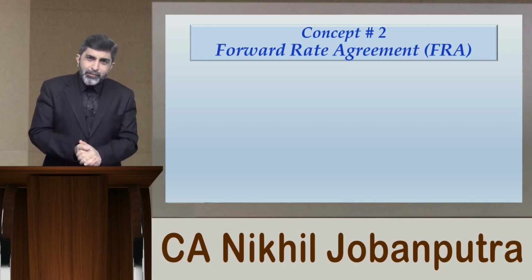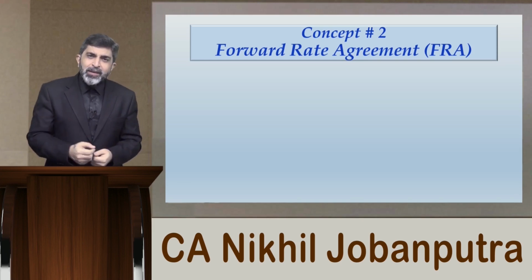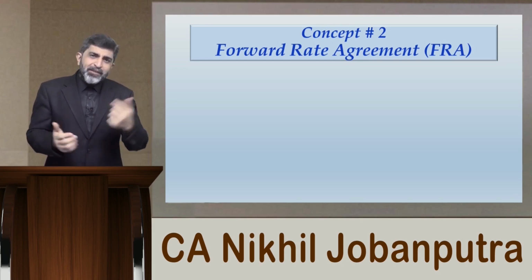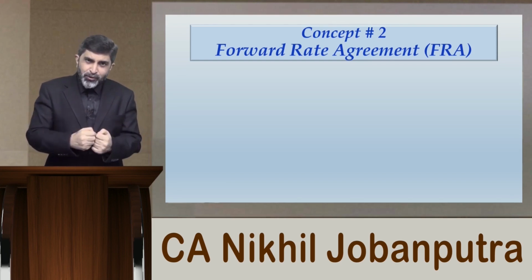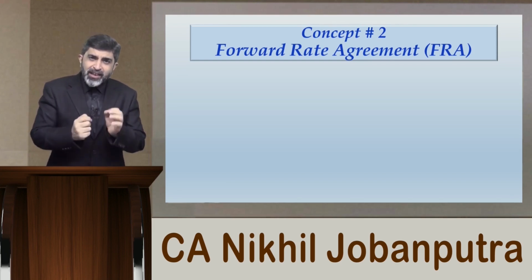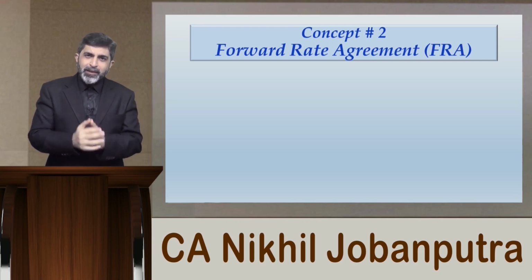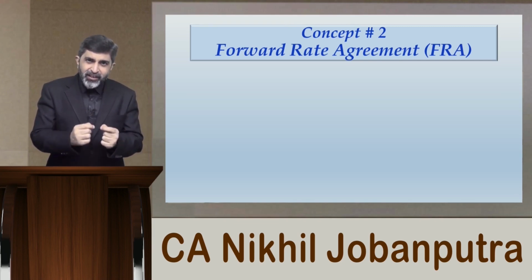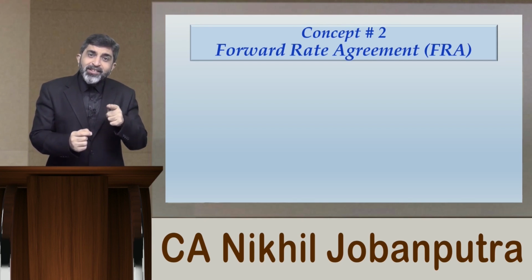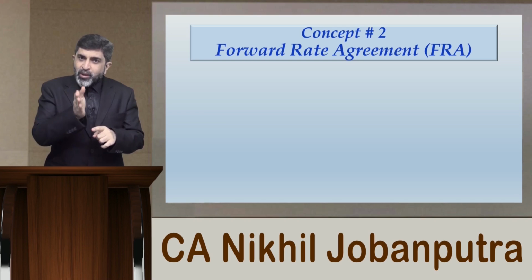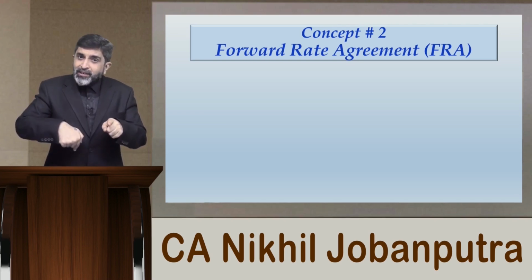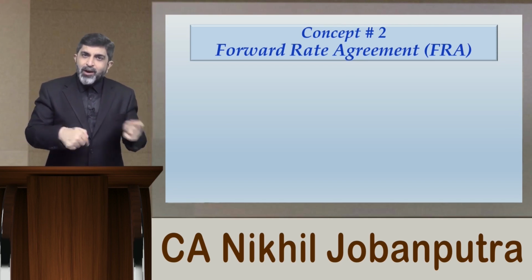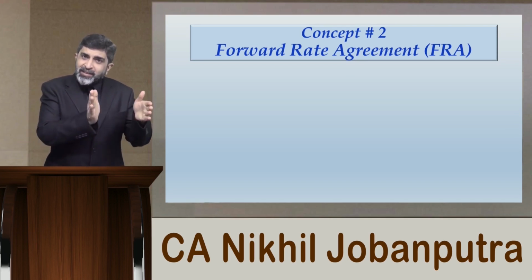Let us take more examples to have a much better understanding. If it is 3/9 FRA, how would you interpret? Think, you're watching this video, think on how would you interpret 3/9 FRA. You would say that we will borrow after 3 months for a period of 6 months, because borrowings will initiate after 3 months from now and borrowings will terminate after 9 months from now. So the borrowing period will be 6 months.